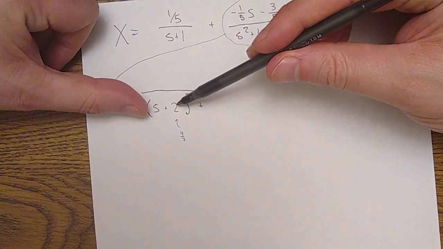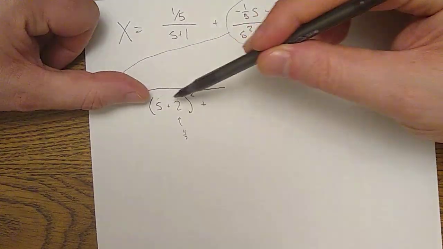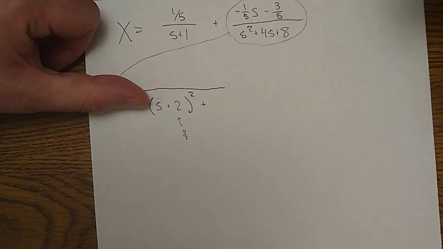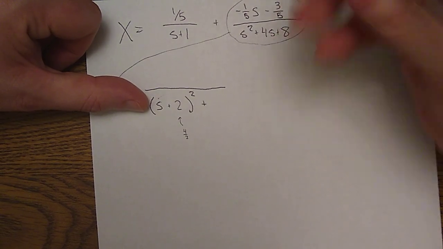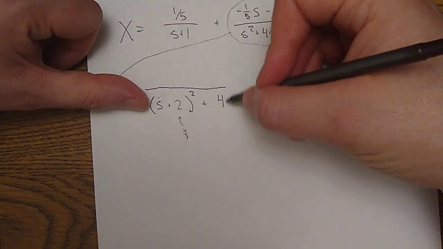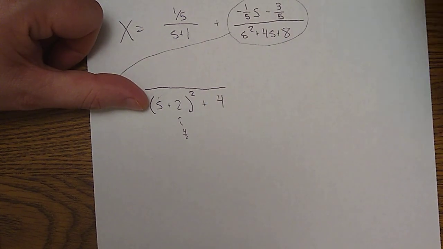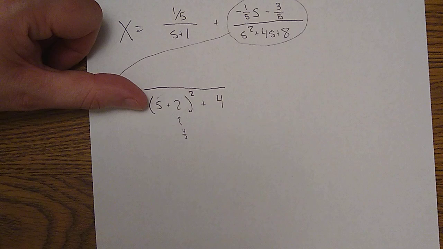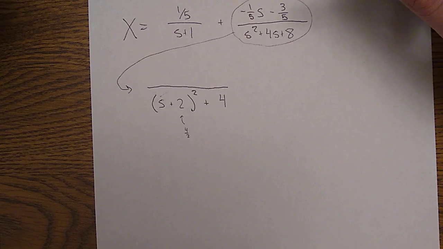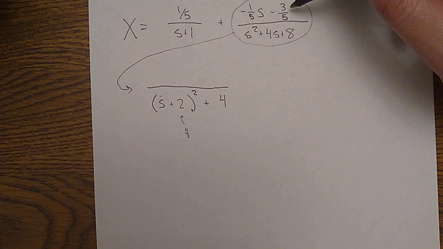Because if I squared this, I would get s squared plus 4s plus 4. I wouldn't get plus 8, that's why I need this. This is just whatever's left over to make sure that it's the same thing. So that's how completing the square works. Now, what am I going to do with the top?